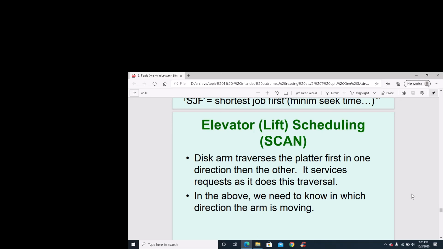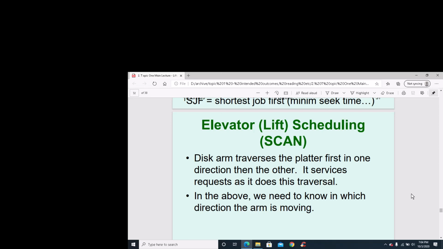So if I'm moving from the left part of the disk to the right part, and a new request appears just in front of the read-write head, it will be serviced very quickly indeed. On the other hand, if I've just moved past track number B and a request comes in behind track B, then it's going to have to wait quite a long time to be serviced.